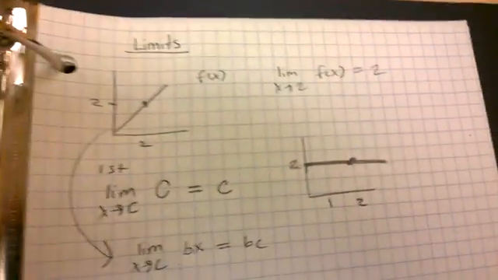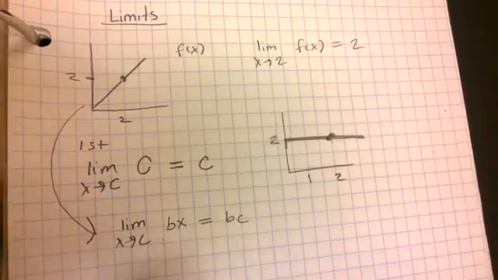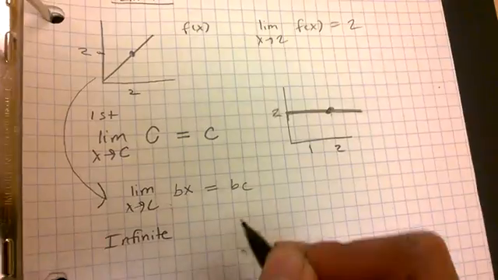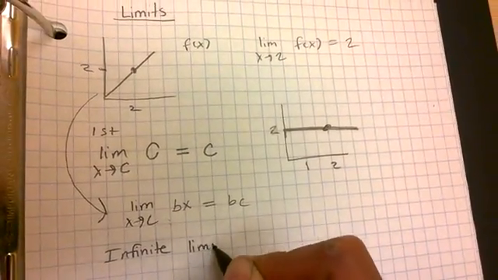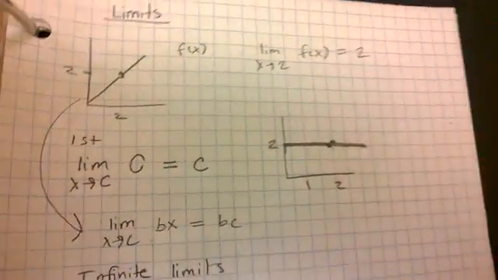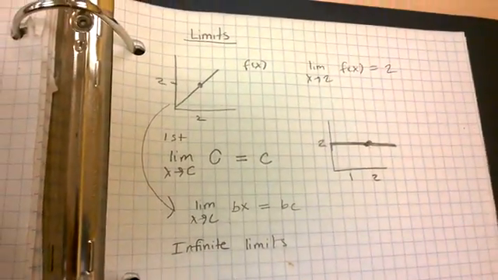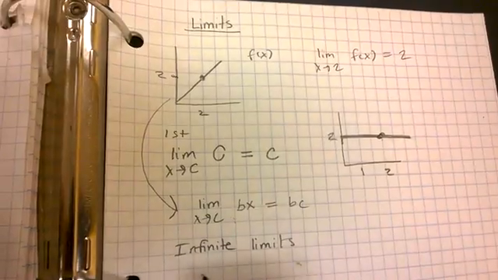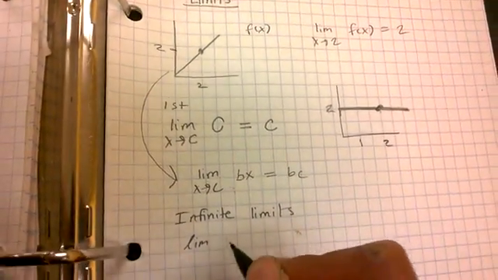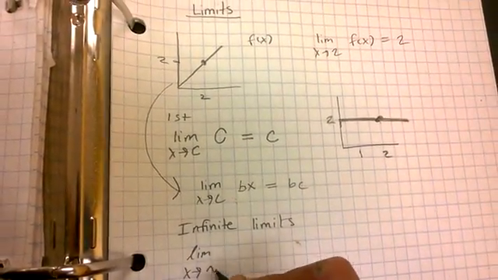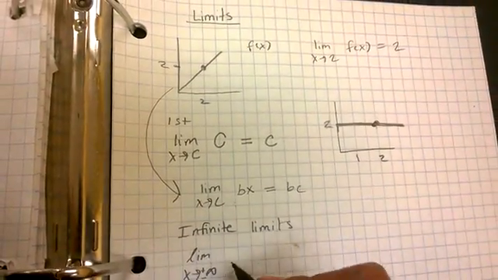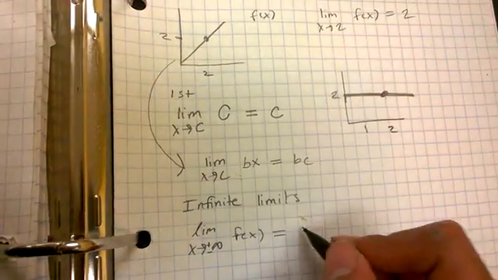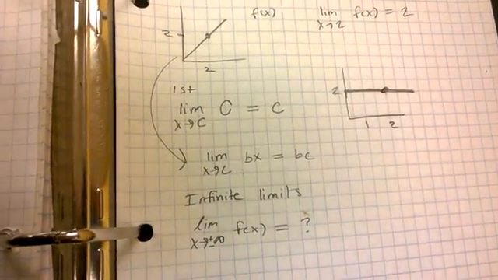Now, other ones are, for example, infinite limits. The infinite limits in this case will be any function where the limit as x approaches infinity, either positive or negative, of the function equals some number, but you have to know the function.